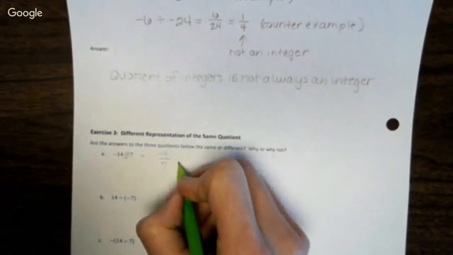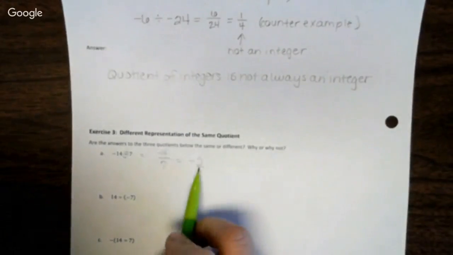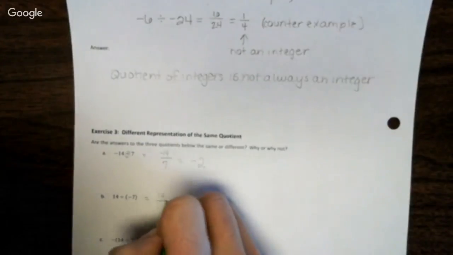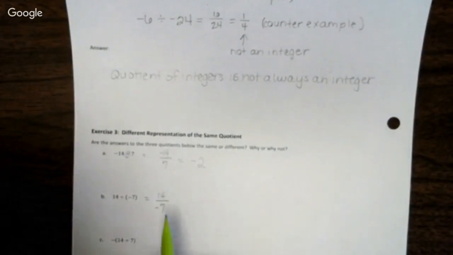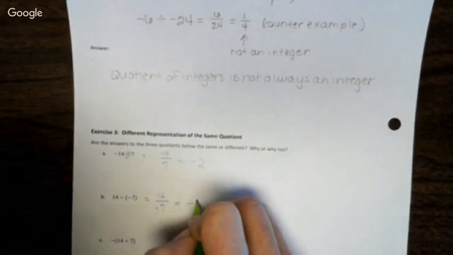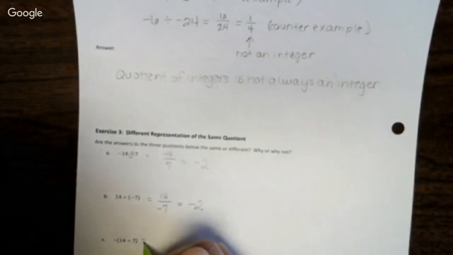Opposite signs give us a negative answer, and 14 divided by 7 is 2. So in this case, it's negative 2. This one is 14 over negative 7. So 14 divided by 7 is 2. Opposite signs, negative answer. So far, negative 2, negative 2.